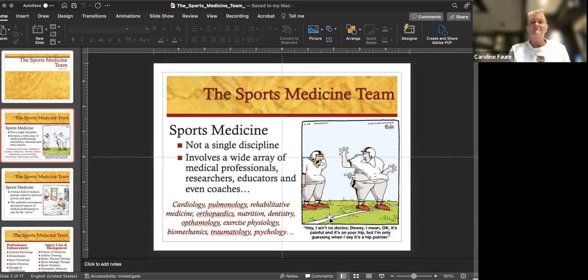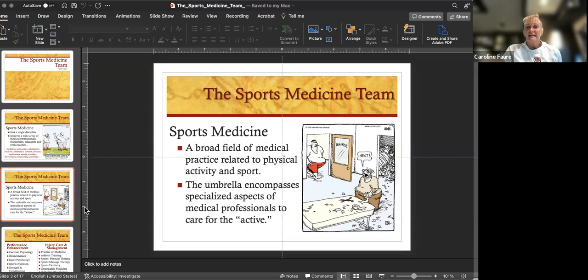It is a very wide, expansive discipline, an umbrella term that is used to include a myriad or a large number of different healthcare and sport professionals, people who have the singular goal of keeping kids safe in athletic participation, and also maybe maximizing their athletic performance along the way. So lots and lots and lots of people.